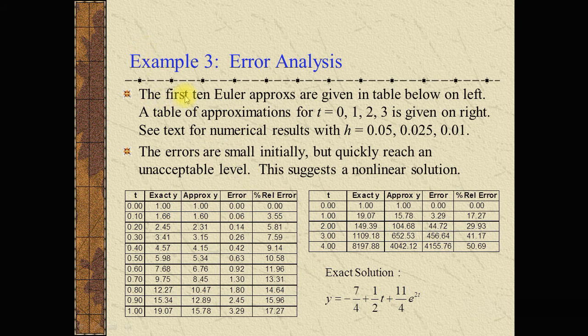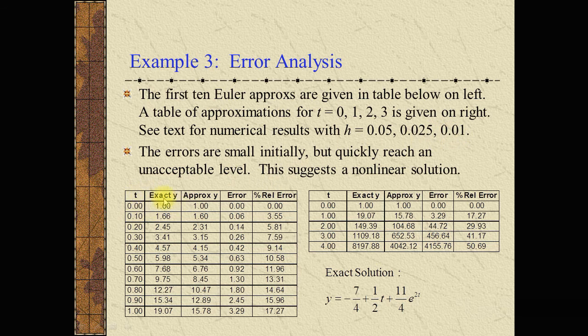The first 10 Euler approximate solutions are given in this table on the left hand side. A table of approximations for t is equal to 0, 1, 2, 3 is given on the right hand side table. See text for numerical results with h is equal to 0.05, h is equal to 0.025 and h is equal to 0.01.